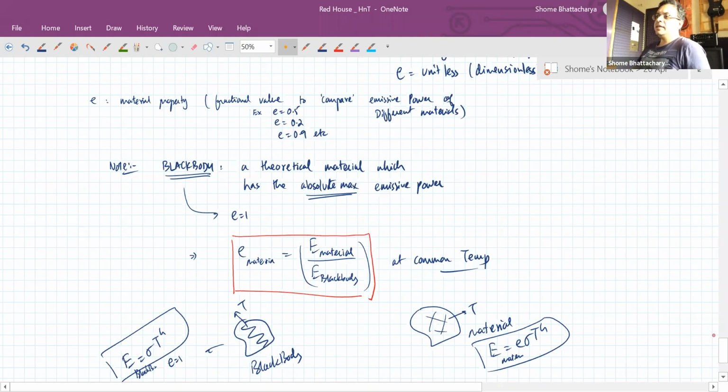So the rate at which a material is emitting from its surface per unit surface area depends on two things: the material itself, which is the emissivity, and the temperature of the surface in absolute scale, capital T. So is there a set method to calculate emissivity?